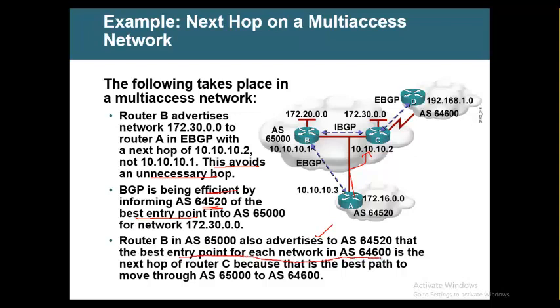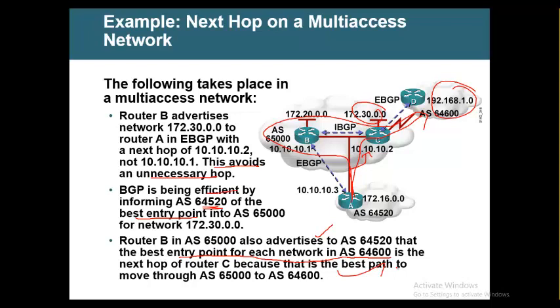So not only for this network, even for the network coming from D, the best entry point is going to be like this. So the packet need not take a long route. This is a very nice feature, very smart behavior.